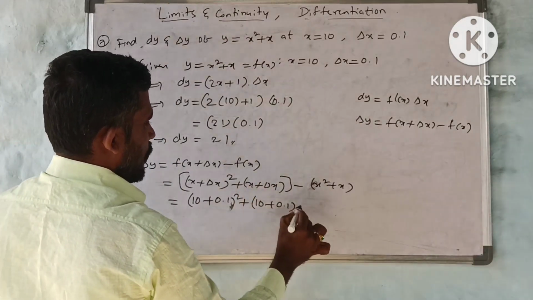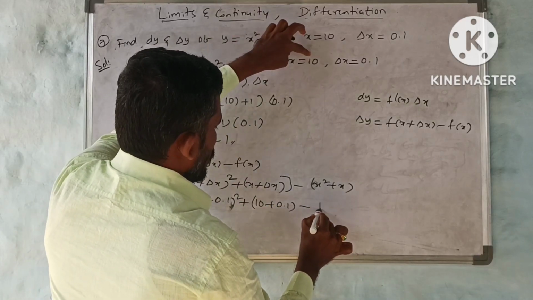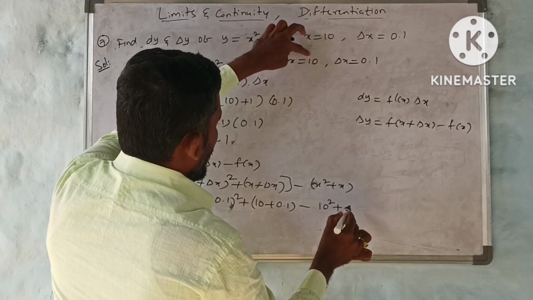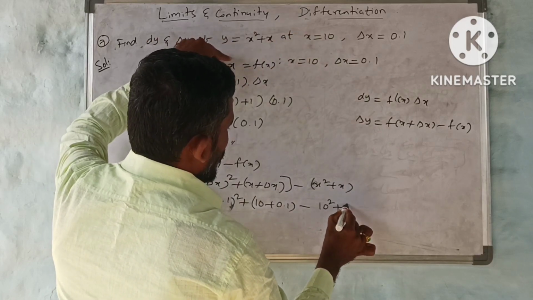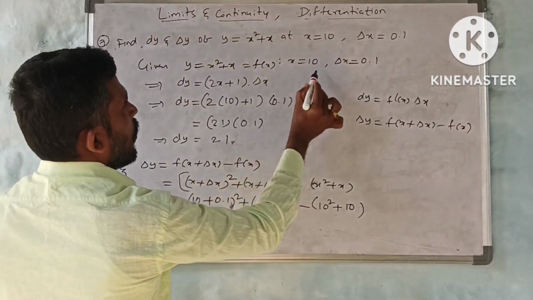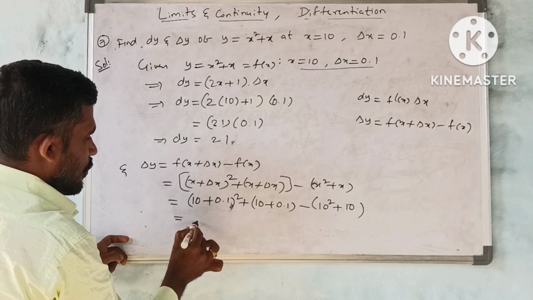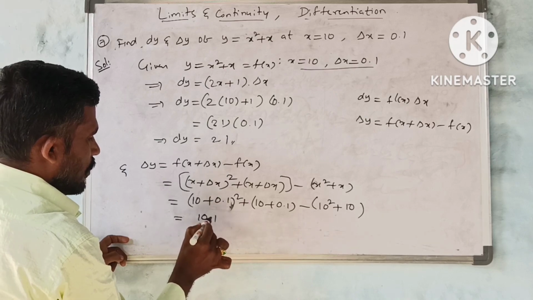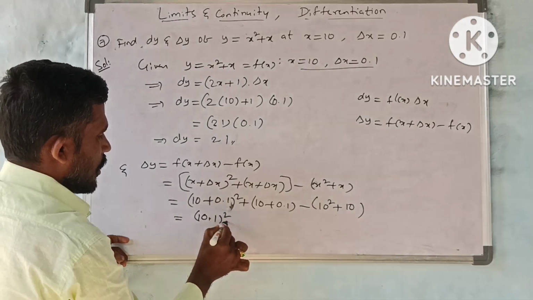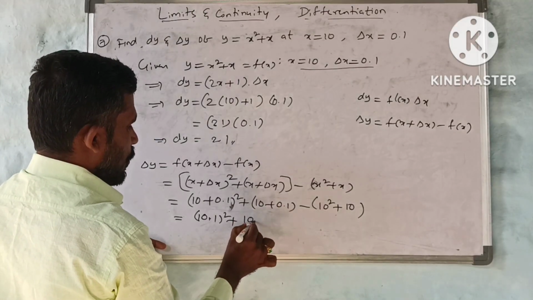And minus x square, x square is 10 square. So 10 square plus x, again 10. Just I am substituting the x and delta x values given. And 10 plus 0.1 is 10.1. So 10.1 whole square plus, this is 10 plus 0.1, 10.1.